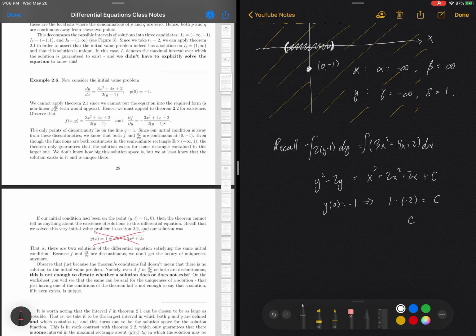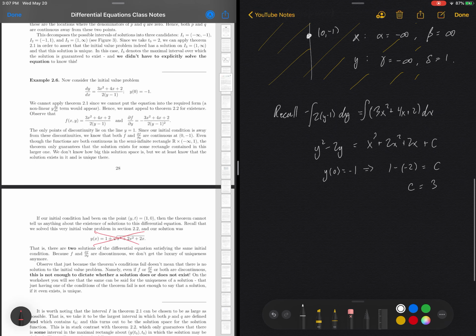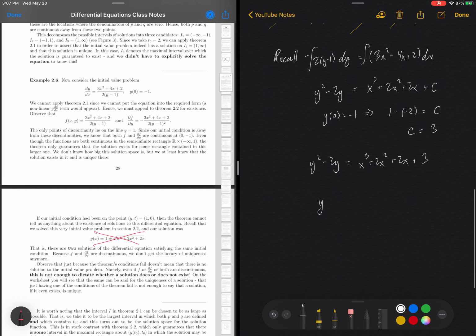And if I use my initial condition, y of 0 equals minus 1, that would be 1 minus a negative 2, which is equal to c. So c is actually equal to 3.